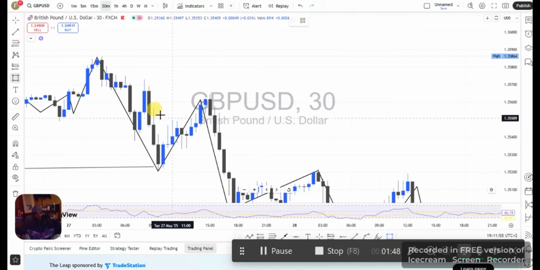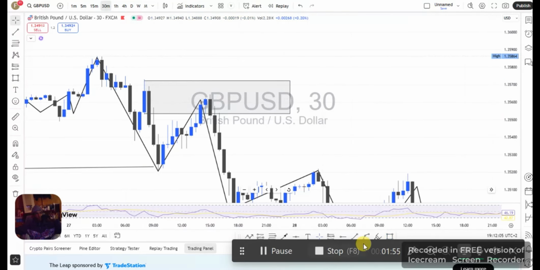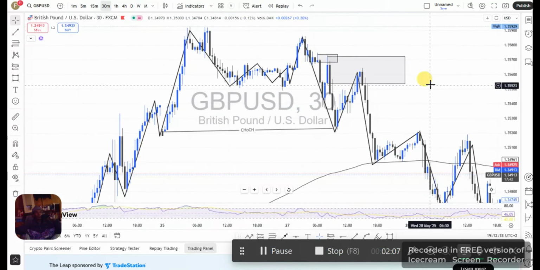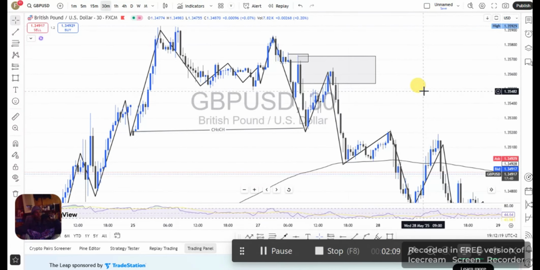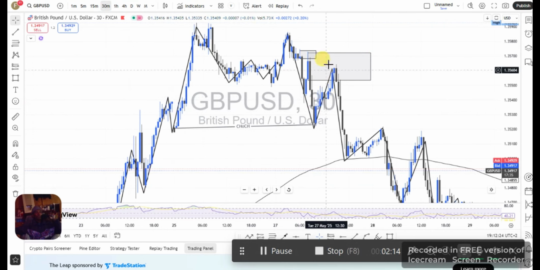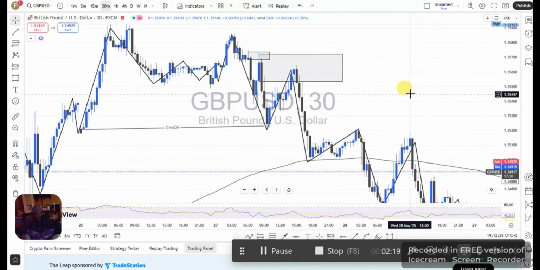We have our order block right here. There's so many order blocks, but you will figure out which one you like. But the truth is, every time you get an order block, you will see the market reacting to it very fast, and you'll get sniper entries if you pay attention.